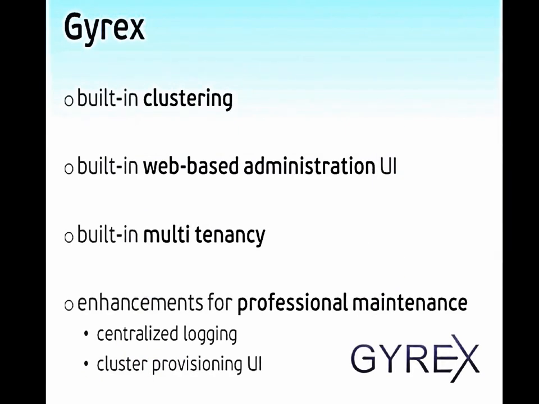And we took that together with other projects in our stack, and then we thought, hey, let's wrap that into a project, and that is Gyrex. So Gyrex is basically Equinox with a bunch of other interesting Eclipse RT projects. We have a built-in clustering component, a web-based administration UI that we wrote using Eclipse RAP, which is also an interesting runtime project.